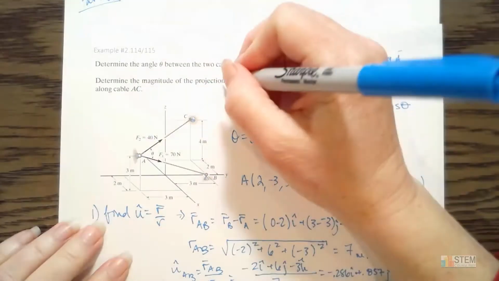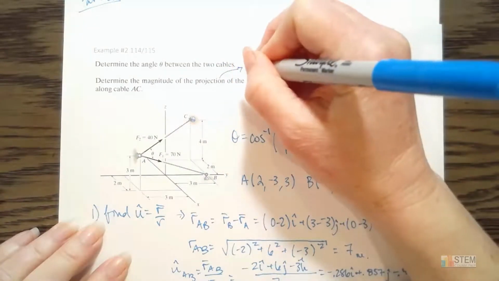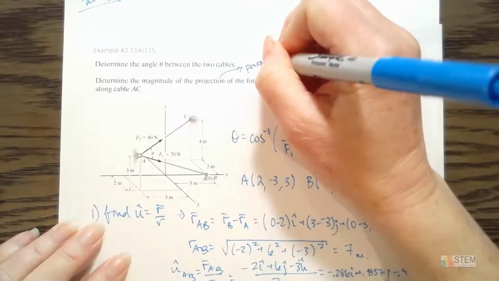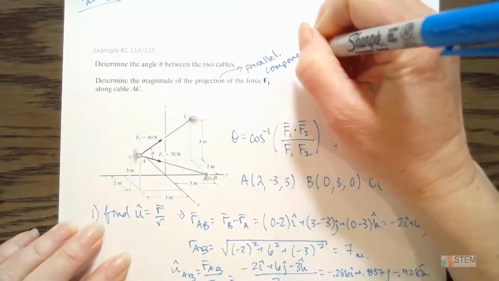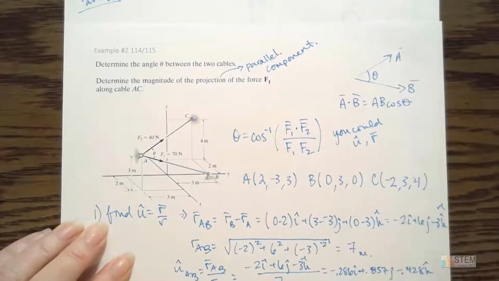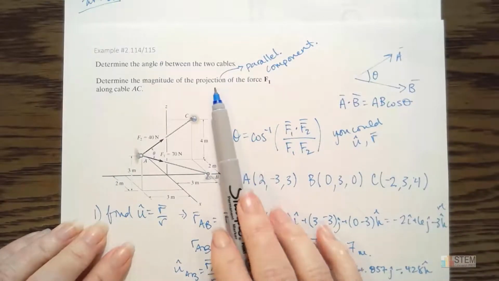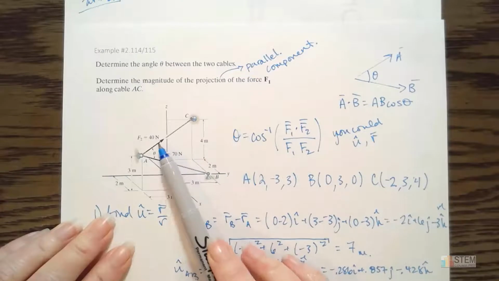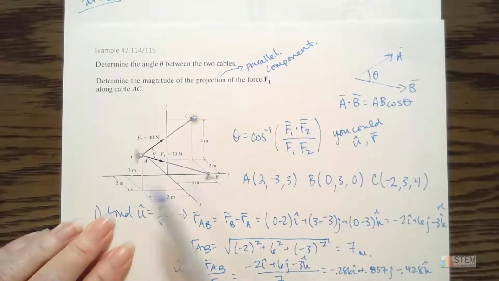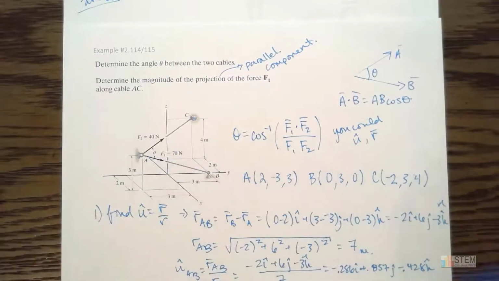So projection, I always tell everybody, is just a fancy word for parallel component. That's essentially what that is. So what it wants is the magnitude of the parallel component of F1 along cable AC. Okay, so that is all it is wanting.